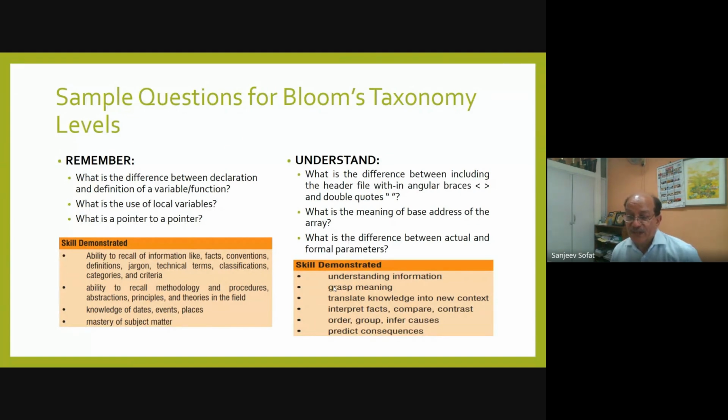And what is the meaning of the base address of the array? This is what we have to understand. So all these are some of the questions which say remember and which say understand, and this is a skill demonstrated in that.